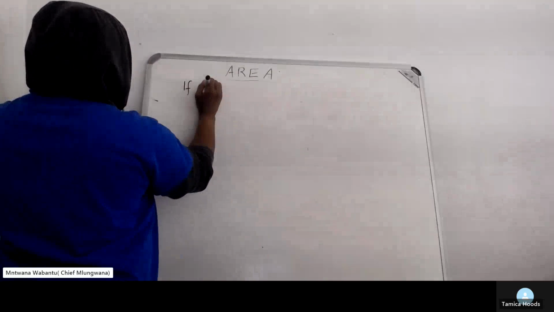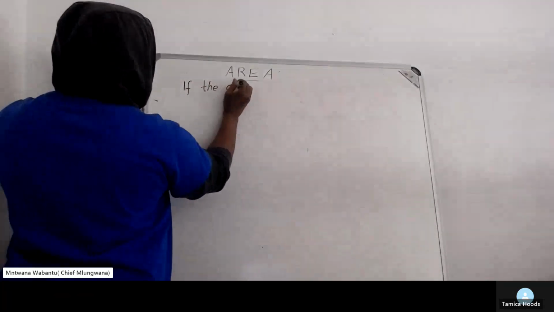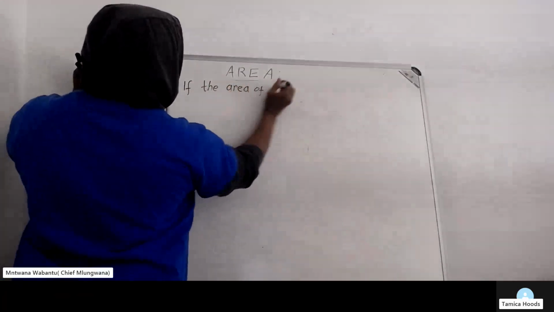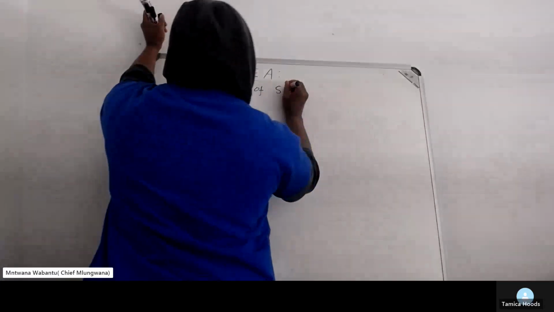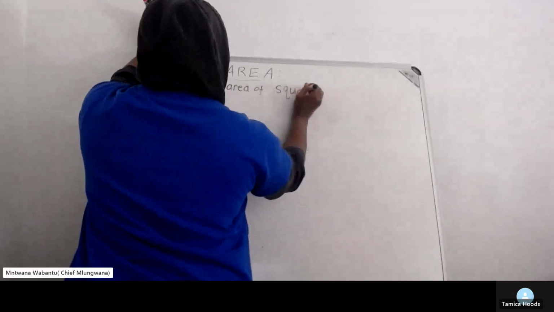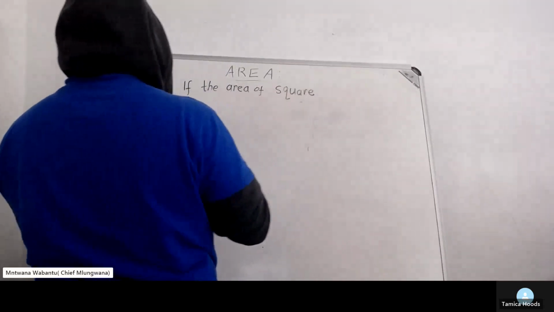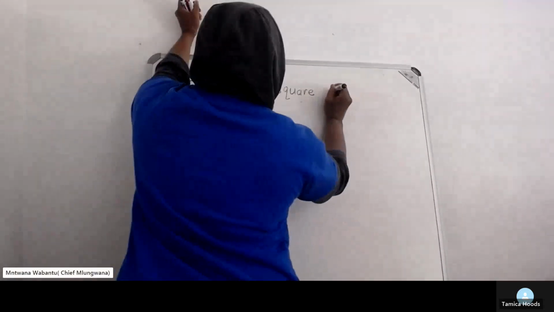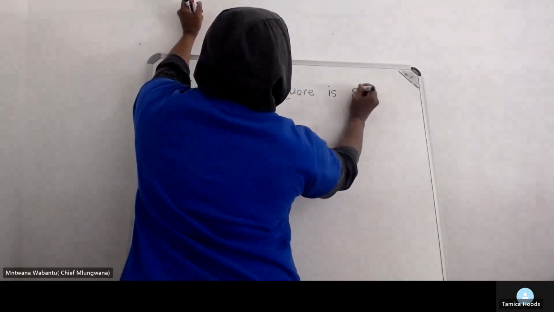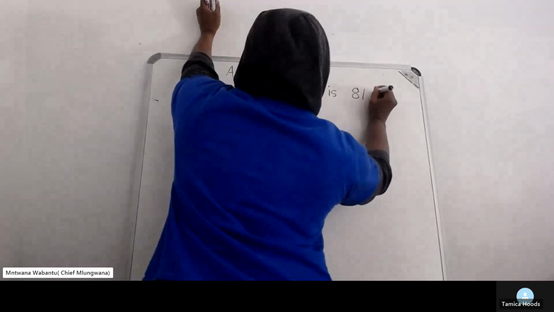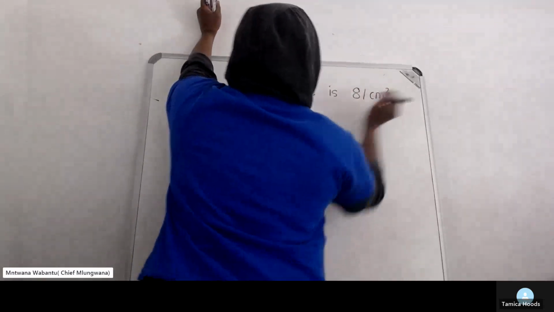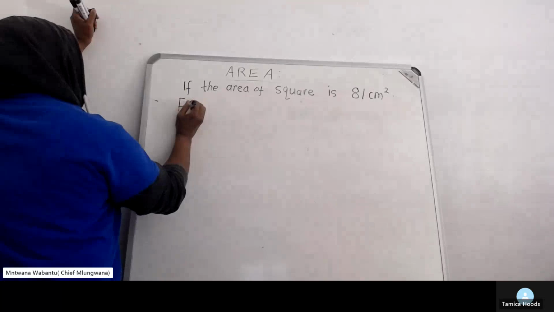If the area of a square is 81 centimeters square, find the side.